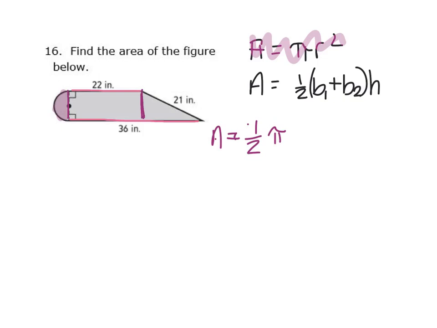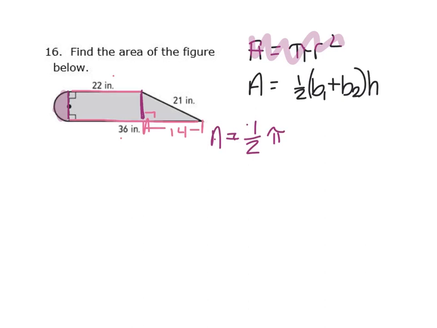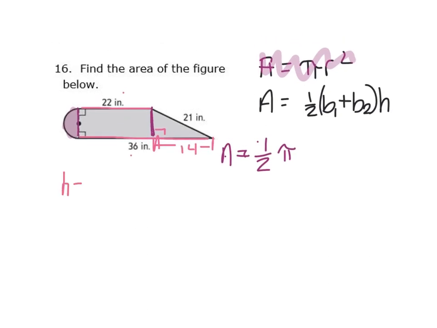So I can use that 36 minus 22 gives me 14. So that means from here to here is 14. And I know this is a right triangle, which means we can use the Pythagorean theorem. So the height is going to equal the square root of 21 squared minus 14 squared.